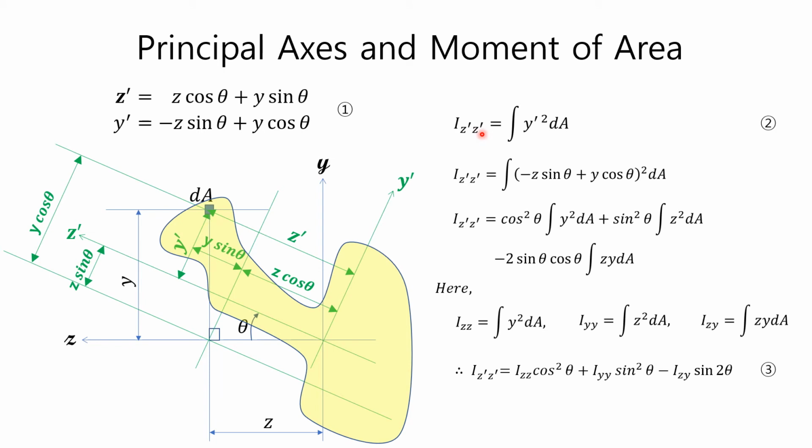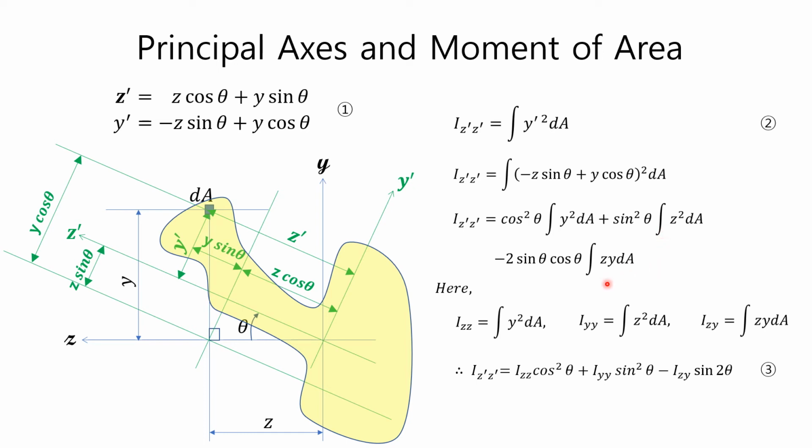Among them, let's take the second moment of area, Iz prime, as an example. Iz prime can be obtained by substituting y prime in equation 1 into equation 2. Here we have three integral terms. The first one is the second moment of area about the original z-axis, Iz. The second one is the second moment of area about the original y-axis, Iy.